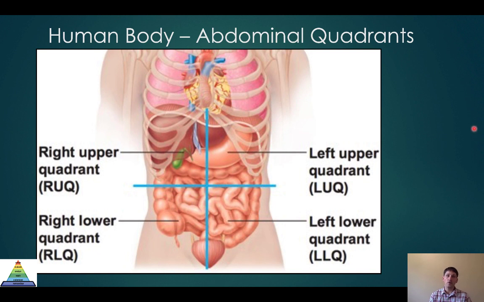And then what we can also do is further divide the body into quadrants. So in this case, we have the right upper quadrant, the left upper quadrant, the right lower quadrant, and the left lower quadrant. And they are associated with certain organs. So you might have a patient that comes in and says, wow, I got this sharp pain right up in this upper part right here.